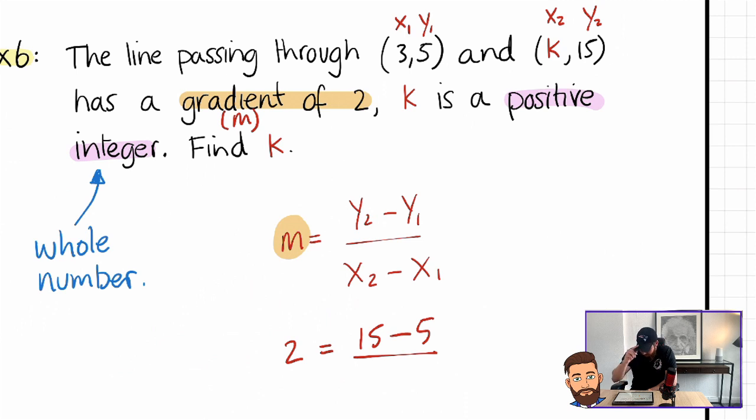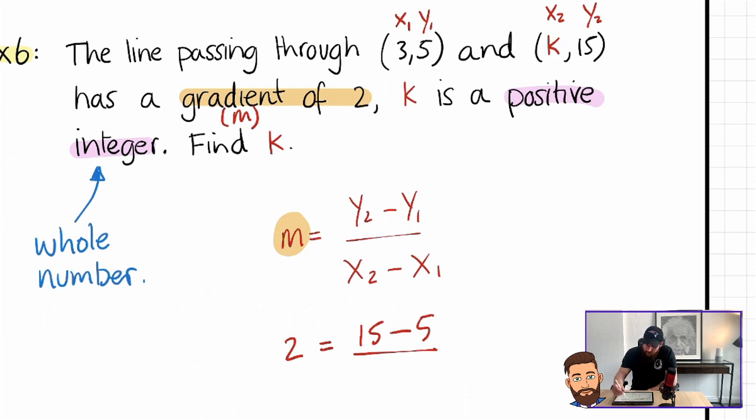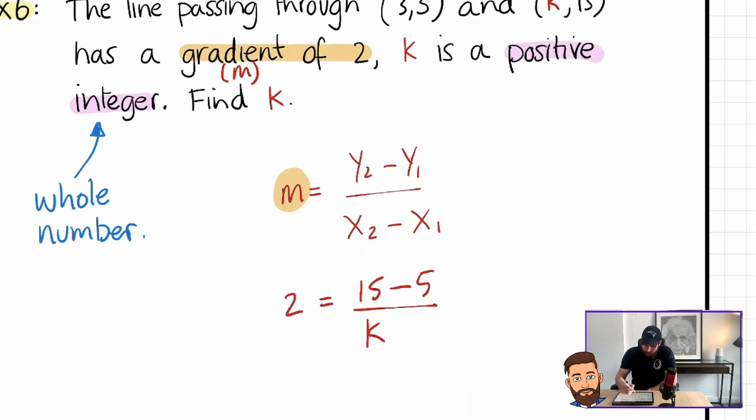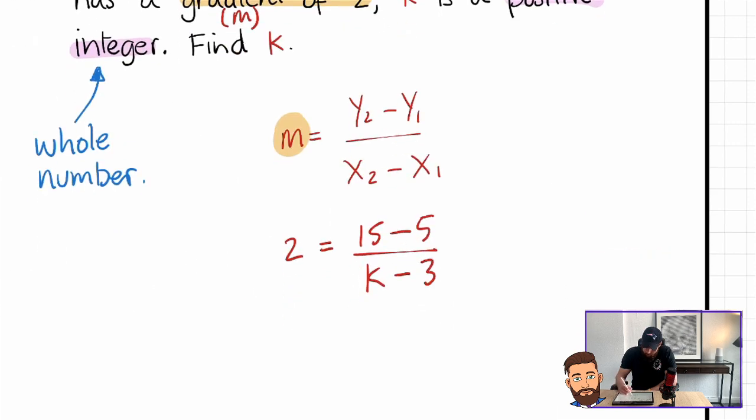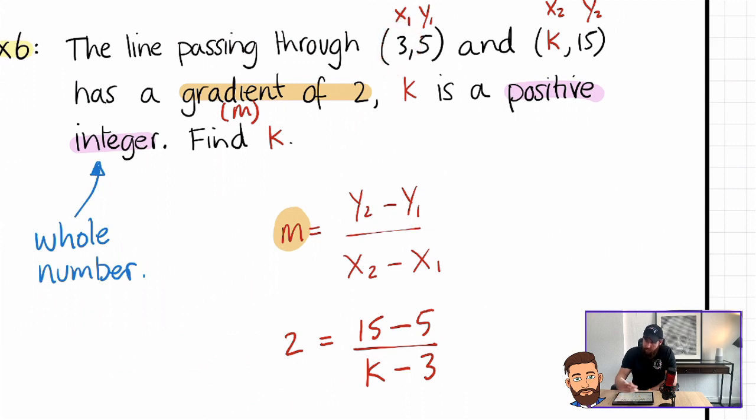Over x2. What's x2? Dunno. But I know it's called k, so I'm going to call that k. That is the key here. I don't know what x2 is, but I know it's called k, so I'm just going to bang in k. Minus, what's x1? 3, yeah? x1 is 3. The first x coordinate they gave us is 3.